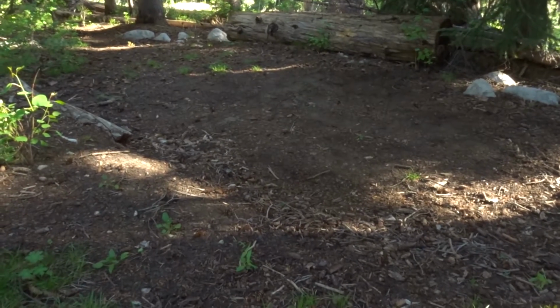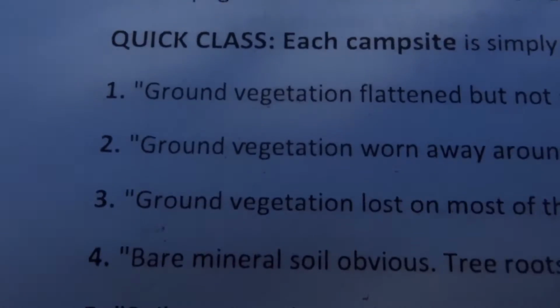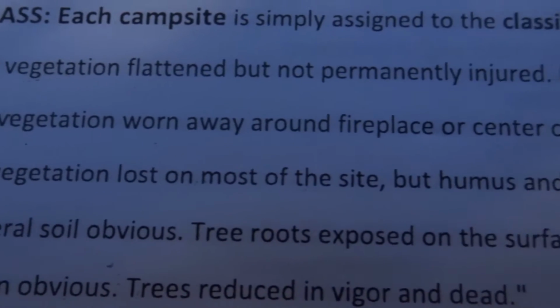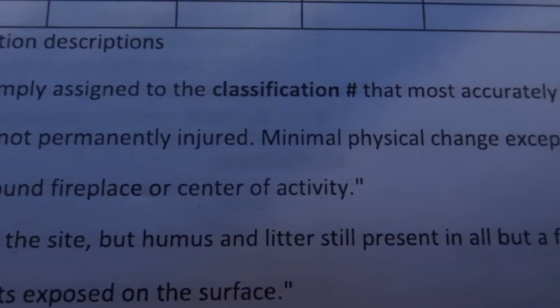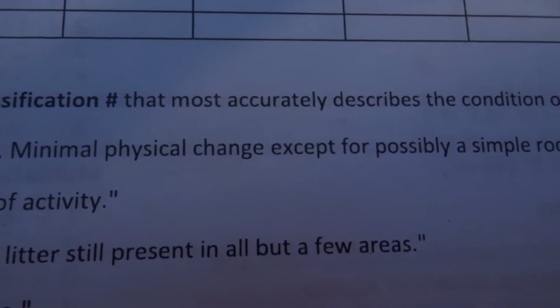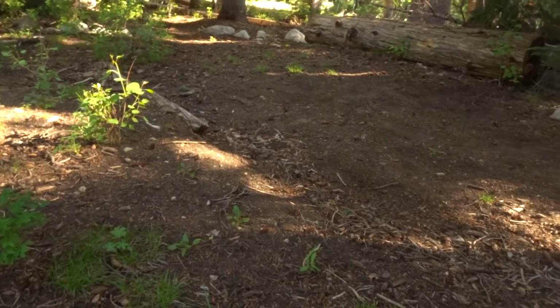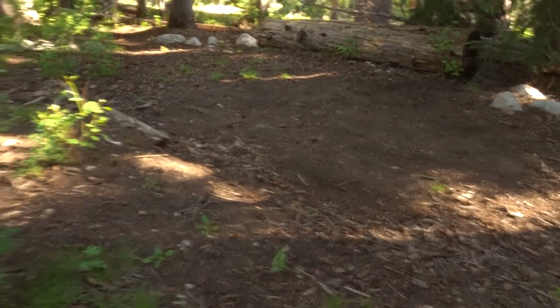Yeah, definitely it's worn away from this tent area. The fireplace is a ways away. Number 3, ground vegetation lost on most of the site. Humus and litter are still present. Yes, we have that in all but a few areas, like the tent site itself, but the whole campsite still has some vegetation around it.